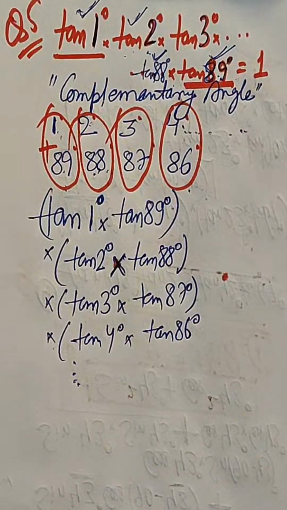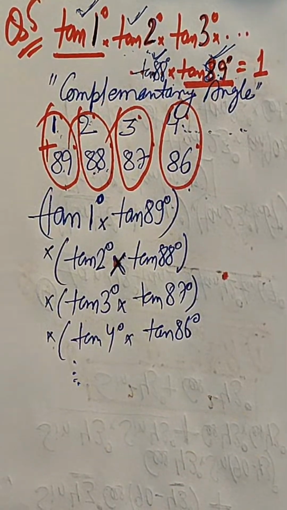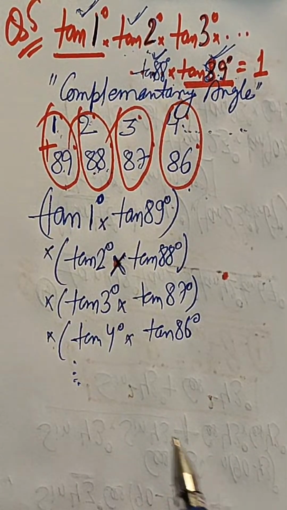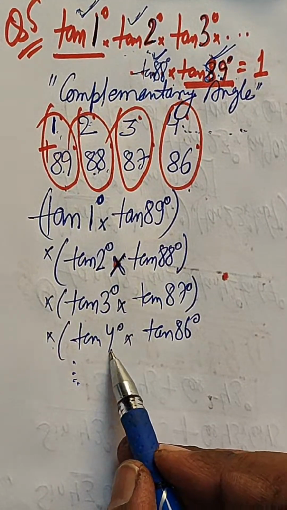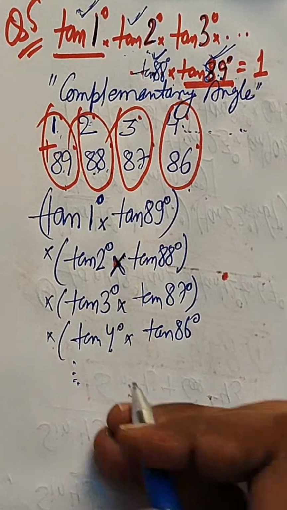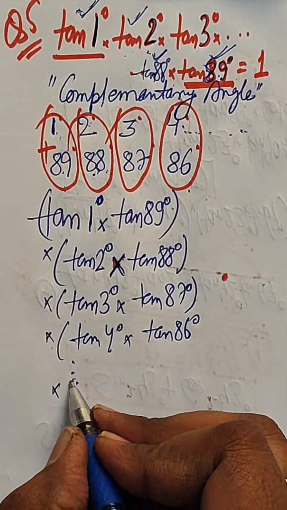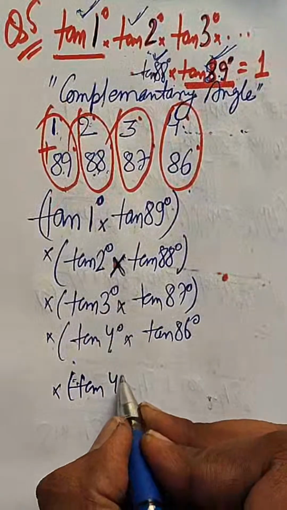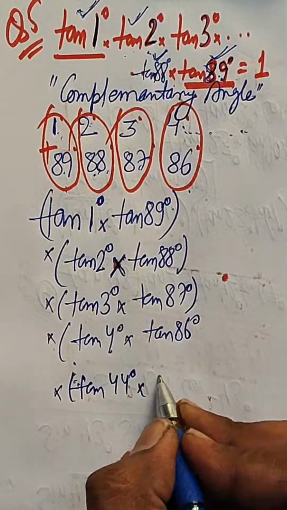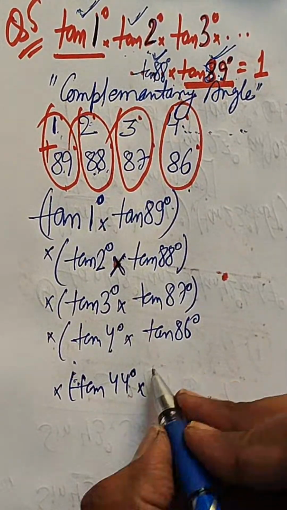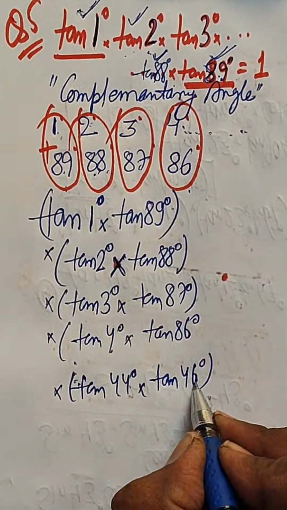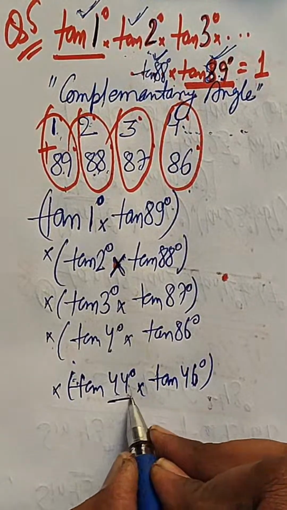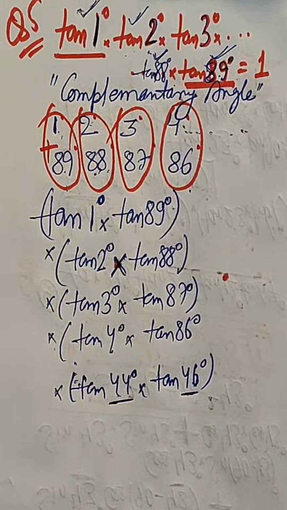So when you go to the last, till tan 44 degree, from the reverse side you have tan 46, because 44 plus 46 is 90.